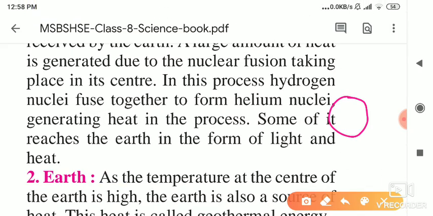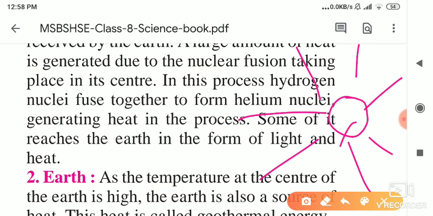As you know, suppose this is the sun, it is giving light to all sides. Actually it is not a circle, it is like a ball, like a cricket ball or a football. All sides it provides heat, and on one side our earth is there. This is our earth, which is very small compared to the sun in our solar system. We are getting only a little quantity of the sun's heat.